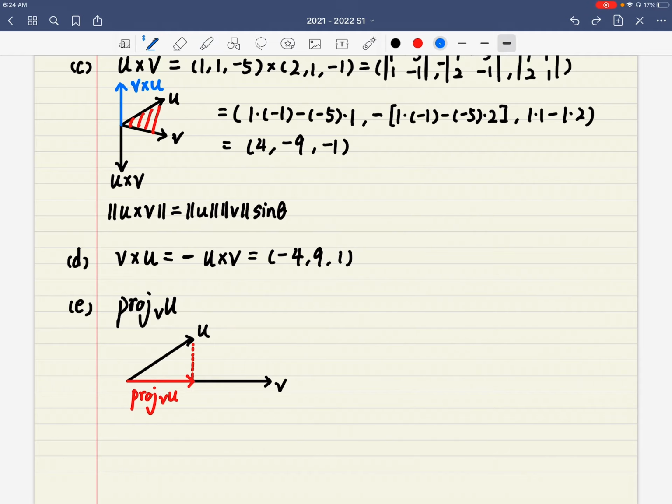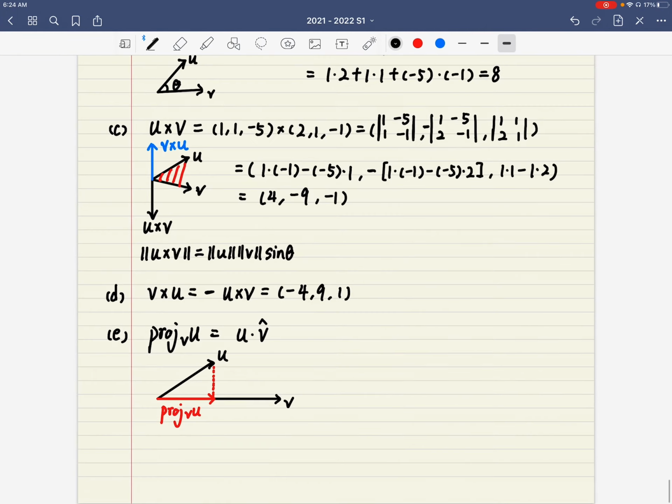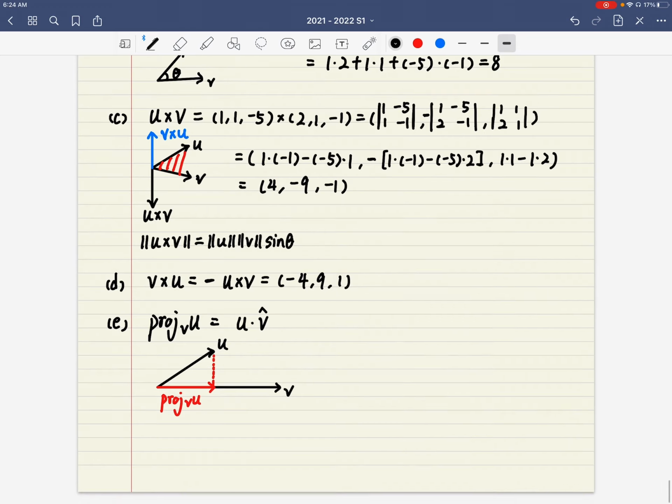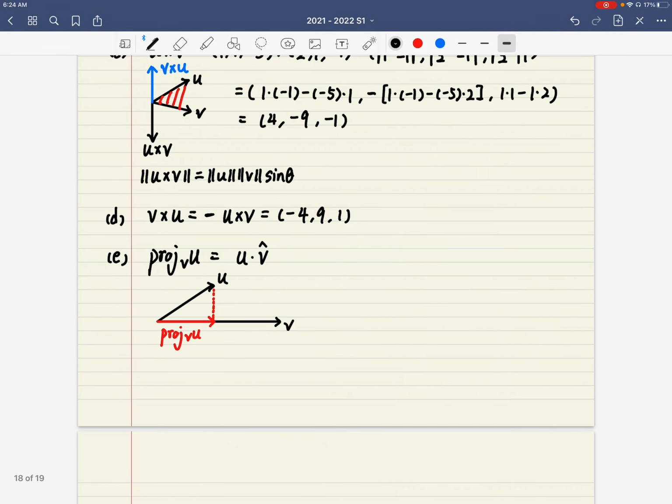So we have a nice and clean formula for this. It's just U dot the unit vector of V. So far we haven't talked about the unit vector. Let's say this is a vector V. The unit vector is just a vector in the same direction of V, but its length is 1.